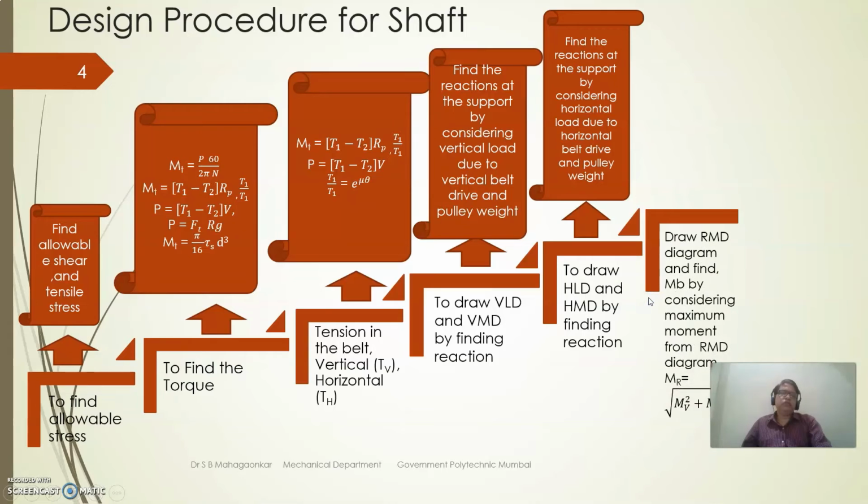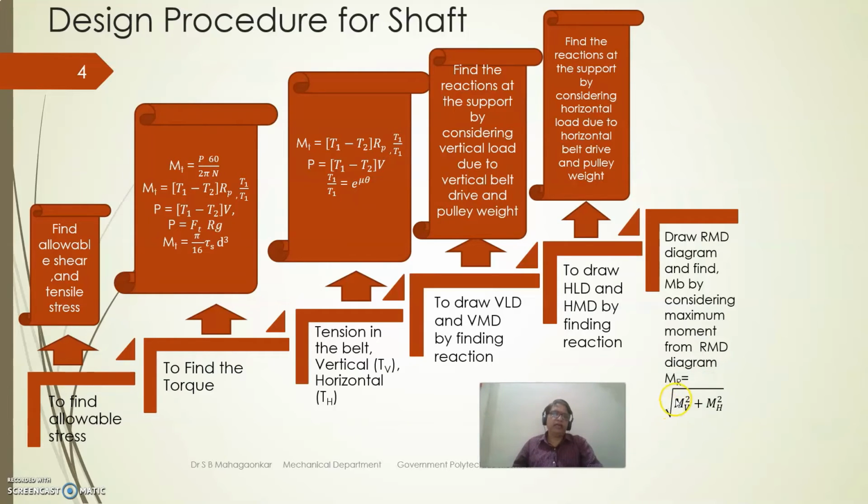And the sixth step is to draw the resultant movement diagram. Once you get the vertical movement diagram and horizontal movement diagram, I can get the resultant movement diagram. MR is equal to root of MV square plus MH square.